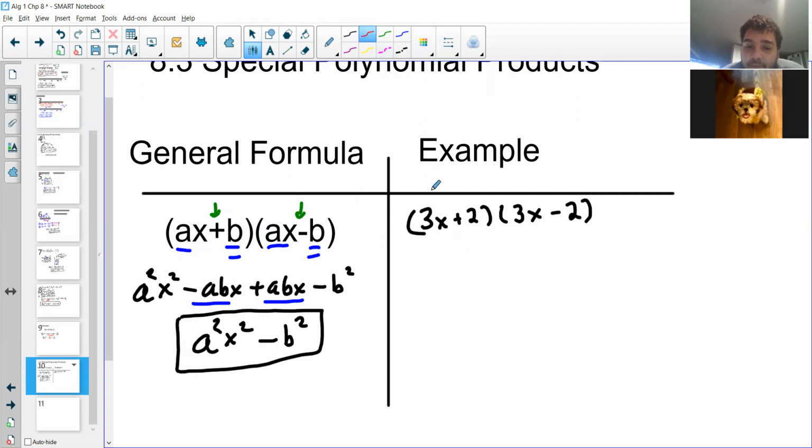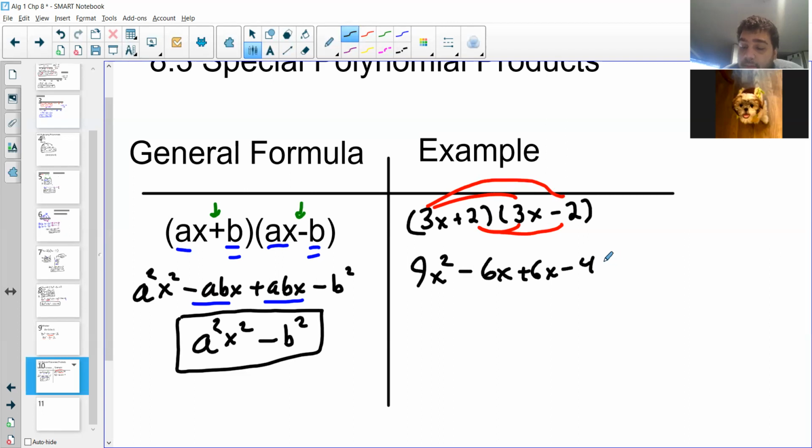So first one, we have 3x plus 2 and 3x minus 2. I'm going to do arrows just because it's a little bit faster. So what occurs here is 3x times 3x, which is 9x squared. 3x times negative 2. 3 times 2 is 6, so it's negative 6x. 2 times 3 is plus 6x. 2 times negative 2, negative 4.